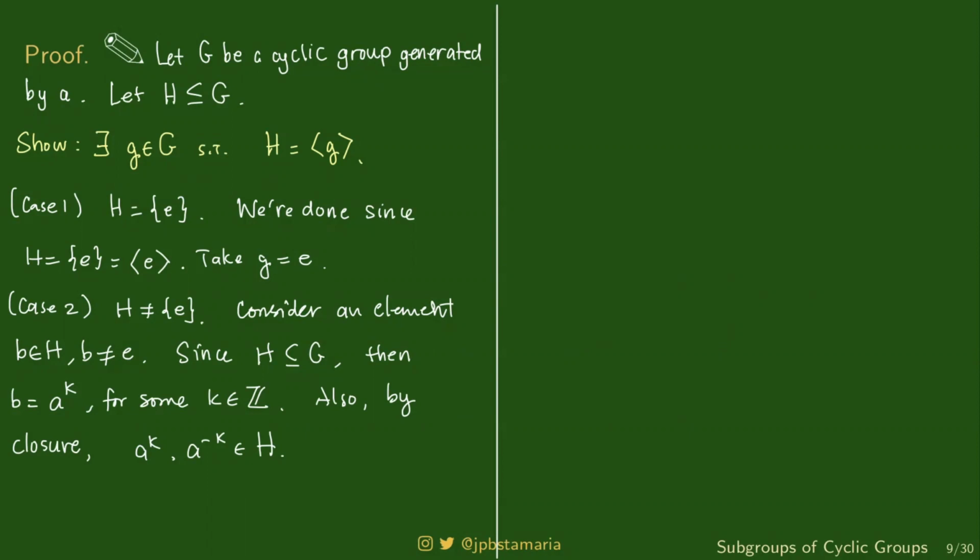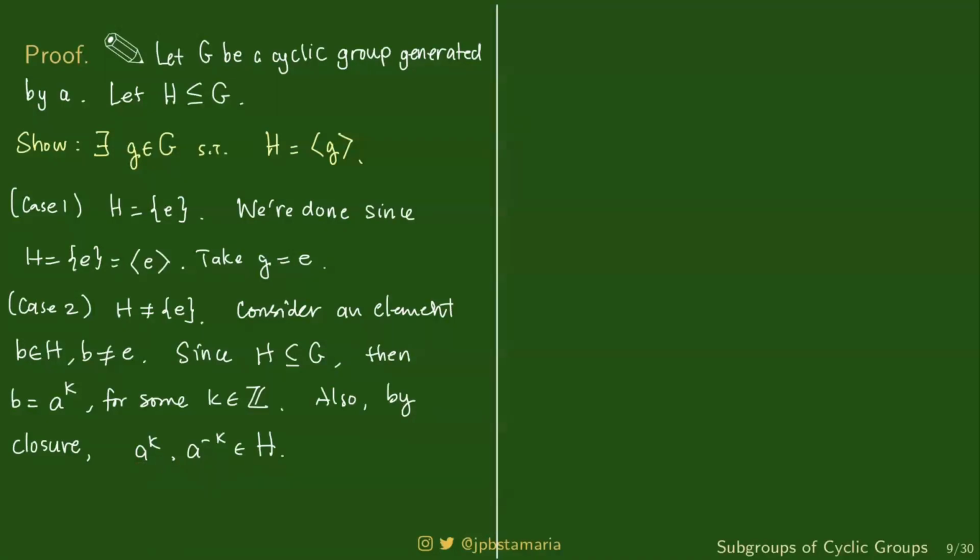Now, take note that one of K or minus K is positive. Hindi natin alam kung sino yung positive dyan, basta isa sa kanila ay positive. Naintindihan nyo? Hindi natin pwedeng sabihin si K ay positive. Kung negative 2 si K, yung minus K ang positive 2. Kaya isa dito sa dalawa ang may positive na exponent. Correct?